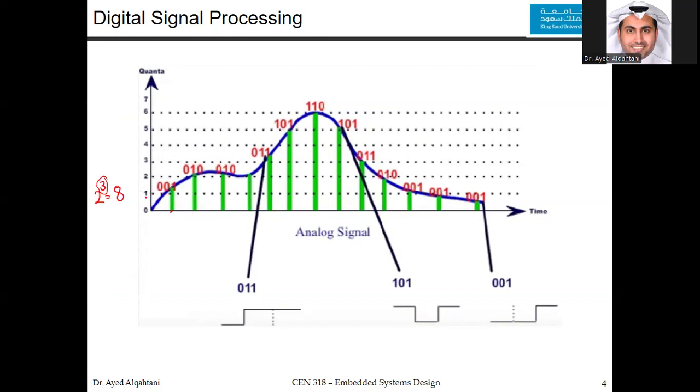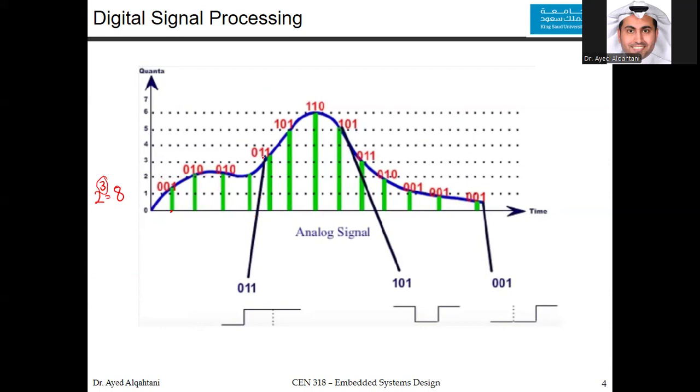Here, the level is 1, and we represent it in 3 bits by 001, which will be digitized this way. The second one is right there, close to 2, so the digital value is 010. Next, we have again 010.